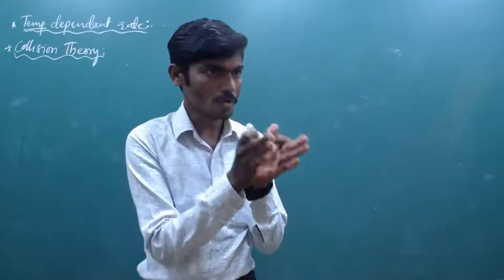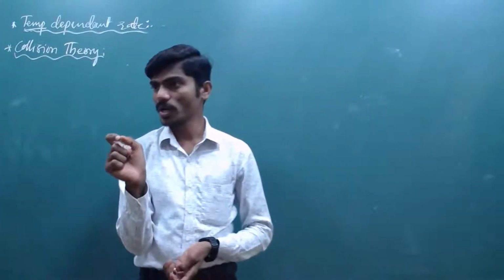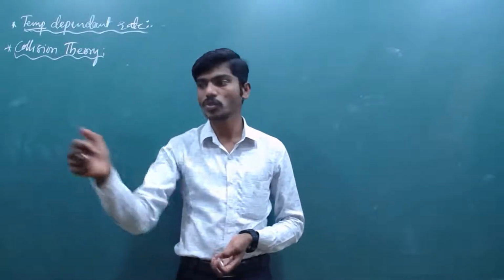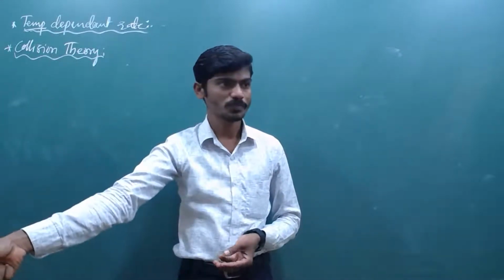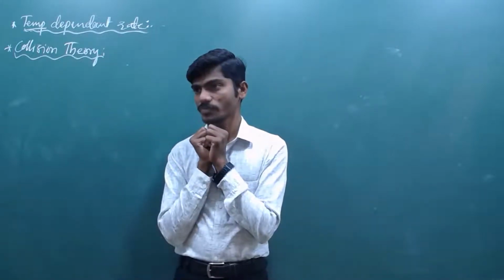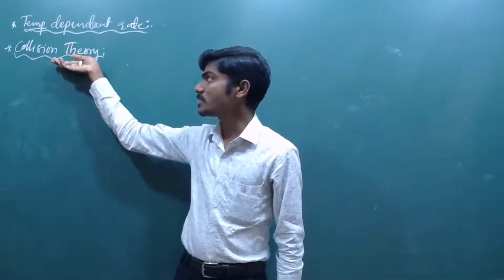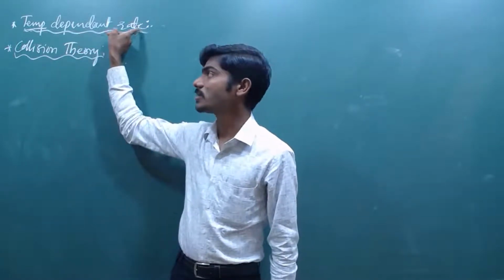When old bonds are broken, only then are some intermediates formed, which further react to form the product. So in order for a reaction to happen, the reactants must collide with each other.